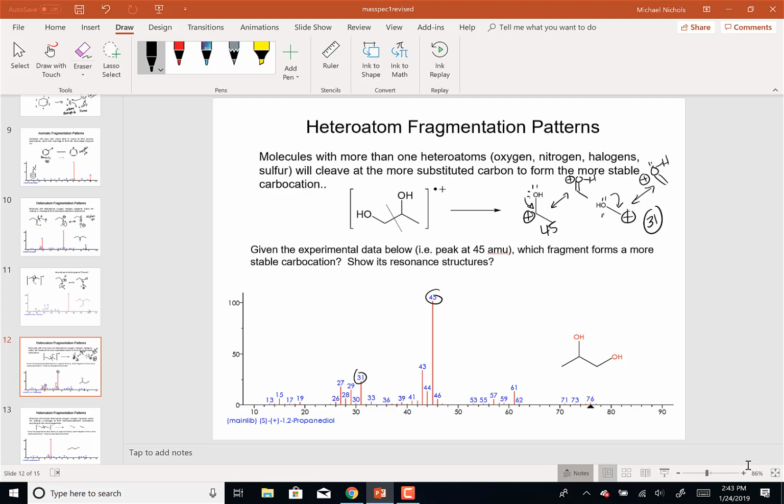Why is that more stable? Because it's a secondary carbocation in that resonance structure. It forms a secondary carbocation in one of the resonance structures. The secondary versus what does the other one form? Primary.